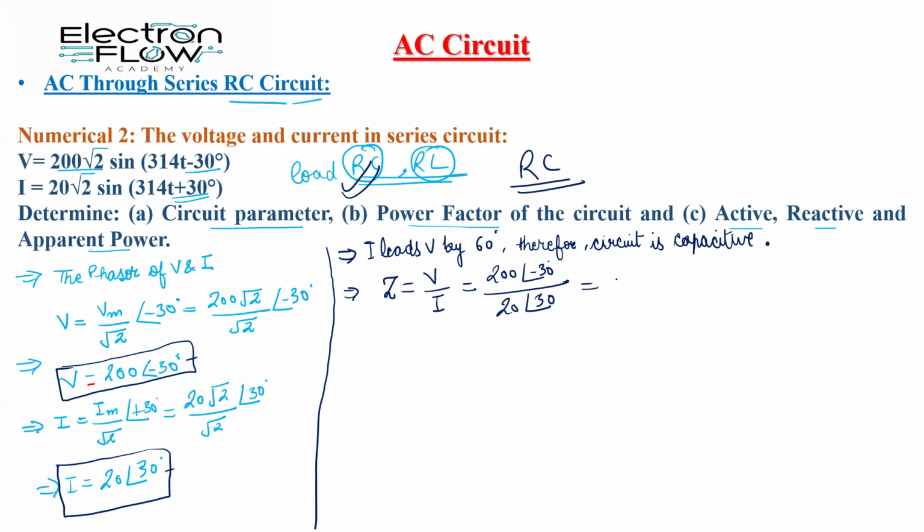So the impedance value is 10 at an angle of minus 60 degree, or in rectangular form, 5 minus j 8.66. This is the value of the impedance.